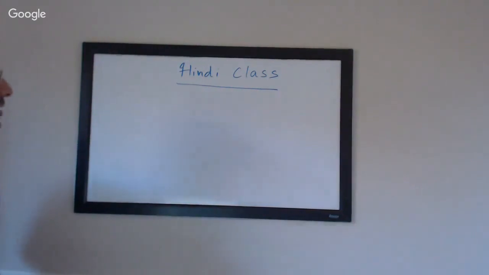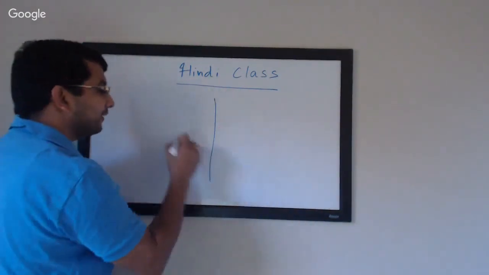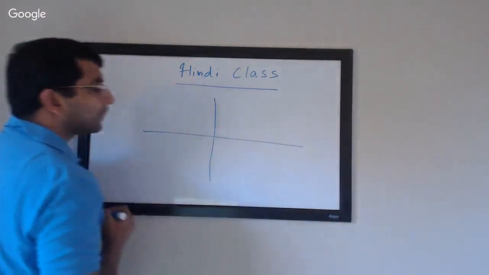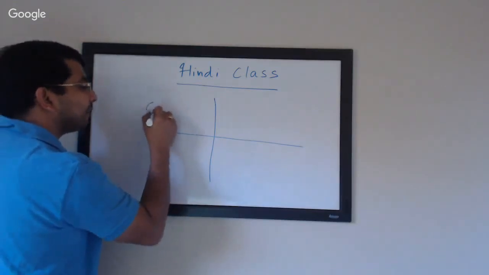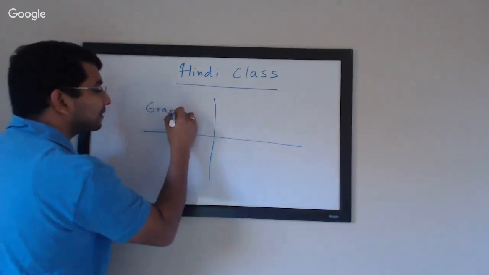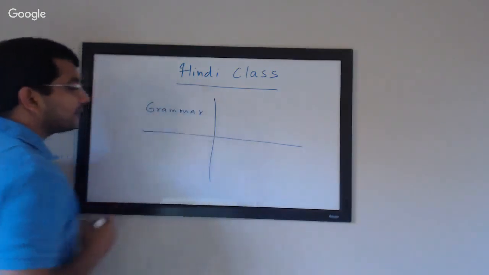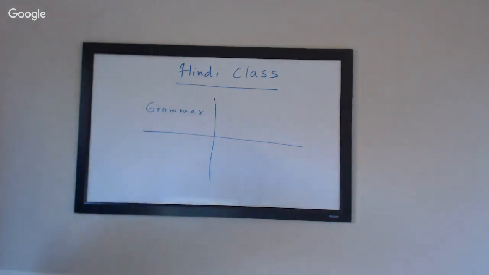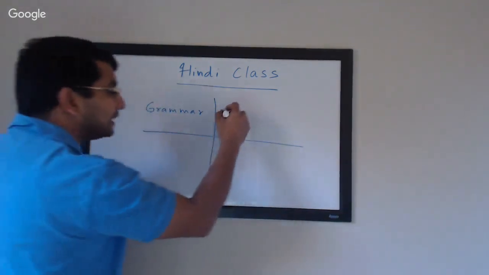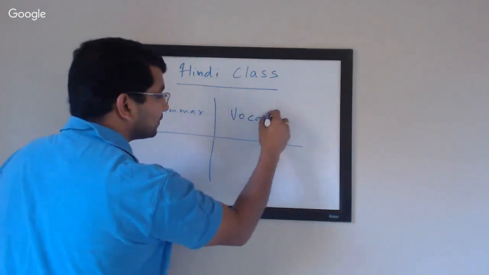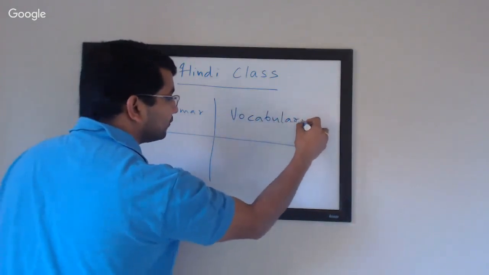So as you know, the class is structured in 4 different segments. In the first segment, we'll talk about grammar. In the second segment, we'll talk about vocabulary, Hindi vocabulary.